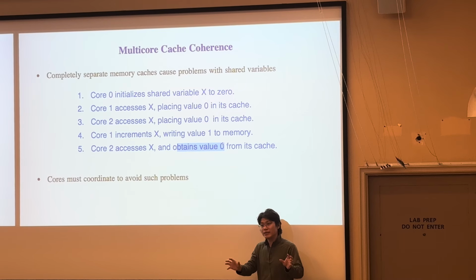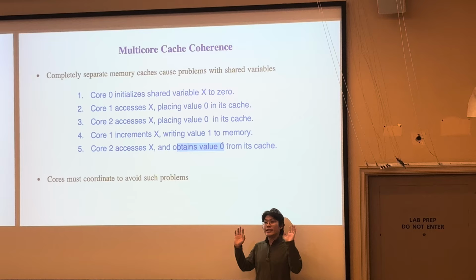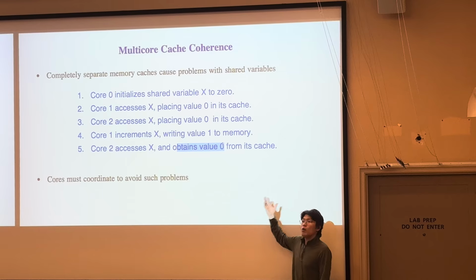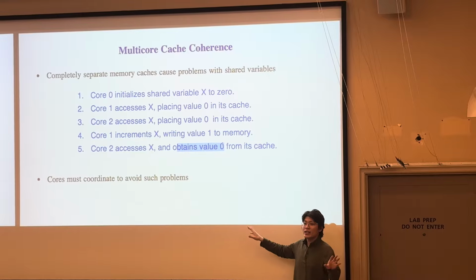Whatever data you had before is old data. You need to load the new data again, because this variable's value has been changed. This is the simplest solution. It's not very efficient, and there are decades of research optimizing this strategy. But the core here is that when you have a write, you need to coordinate with other caches to invalidate their old value.